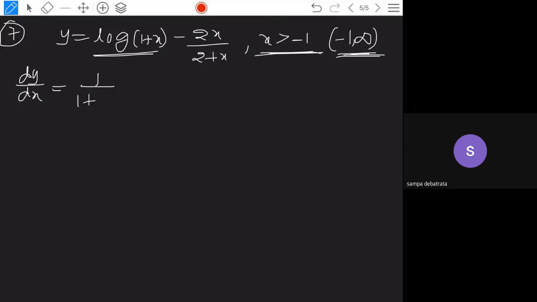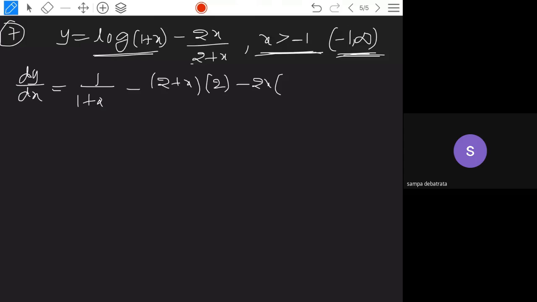minus, for the log, the differentiation is 1 by x. Minus, this is in the form of u by v. So 2 plus x into 2, minus 2x into the differentiation of 2 plus x, which is 1. The differentiation of 2 is 0 and of x is 1, isn't it?